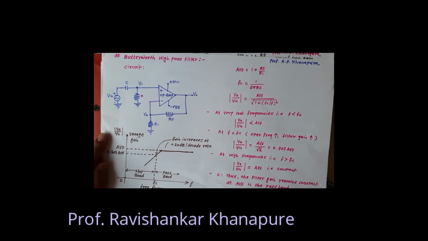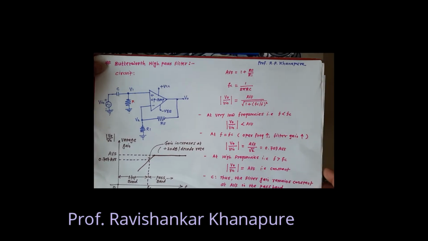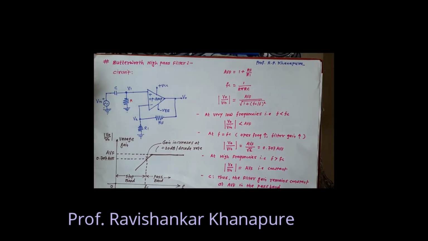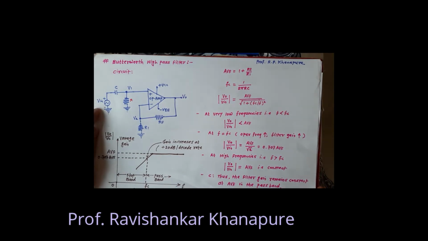Okay, so next we have to derive the output voltage v naught, right? Also we have to derive the voltage gain, that is v naught by v in, right? After that we have to conclude three conditions to know the operation of this high pass filter.